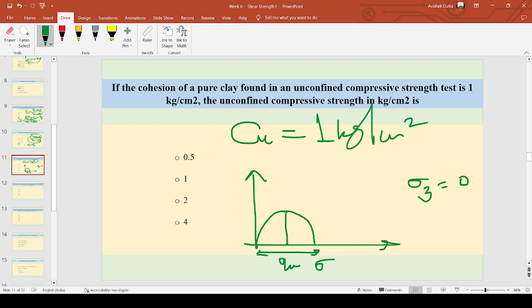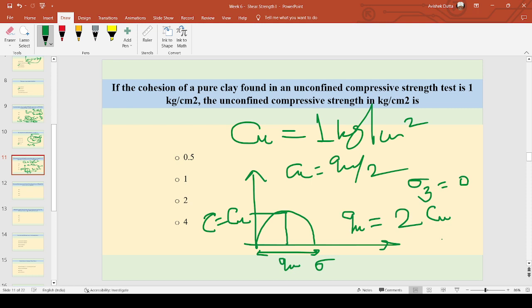The maximum value is the shear strength, that is tau, equals Cu. So Cu is the radius and Qu is the diameter. So Cu equals Qu divided by 2, or the unconfined compressive strength Qu equals twice the radius, that is twice Cu.